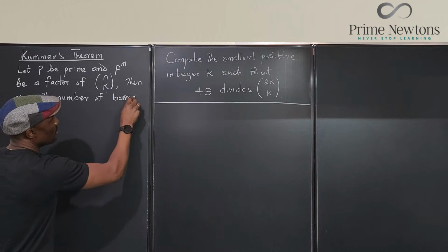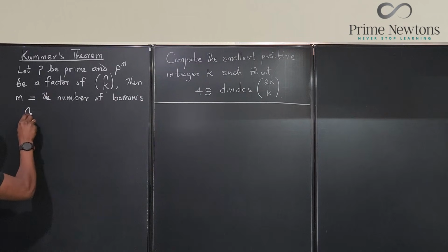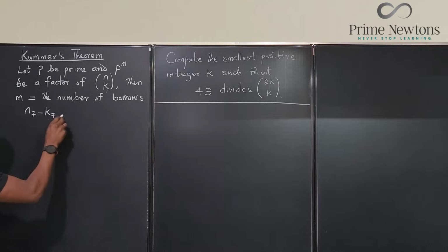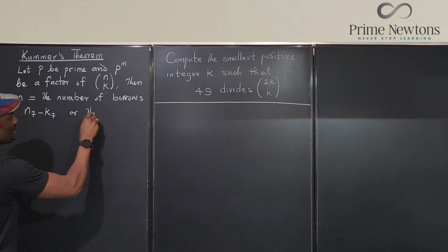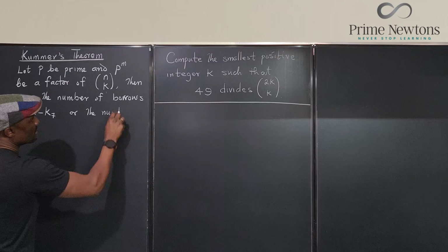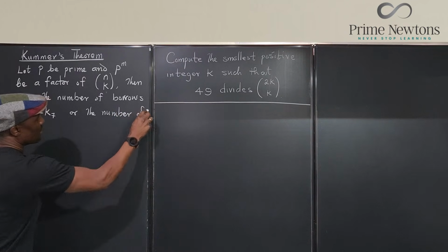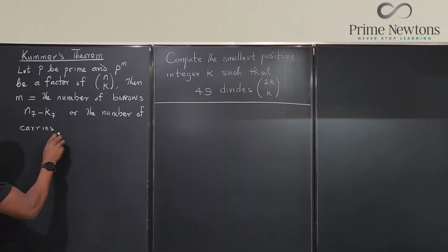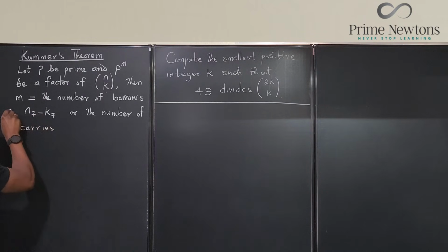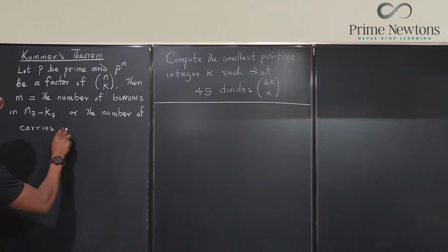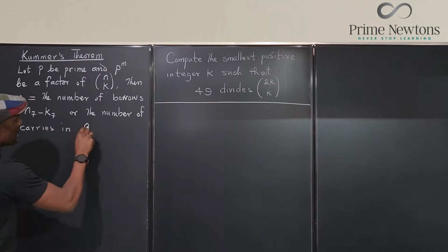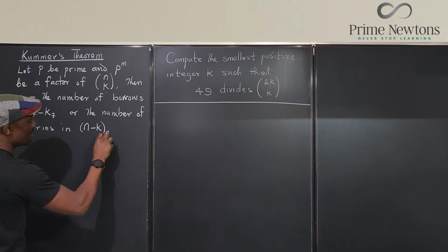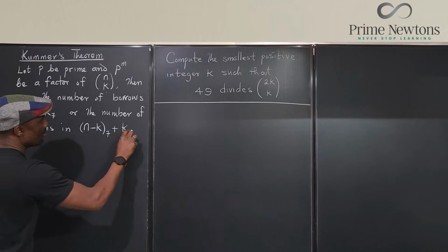The number of borrows of n in base 7 minus k in base 7, or the number of carries in n minus k base 7 plus k base 7.